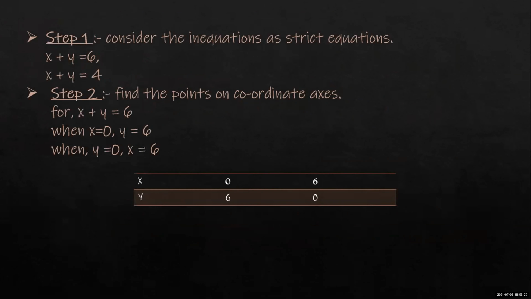The next step is to find the points on the coordinate axes for the equation x plus y is equal to 6. When x is 0, we get y is equal to 6, and when y is 0, we get x is equal to 6.